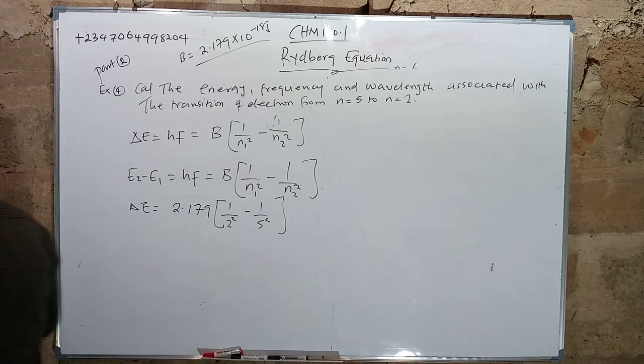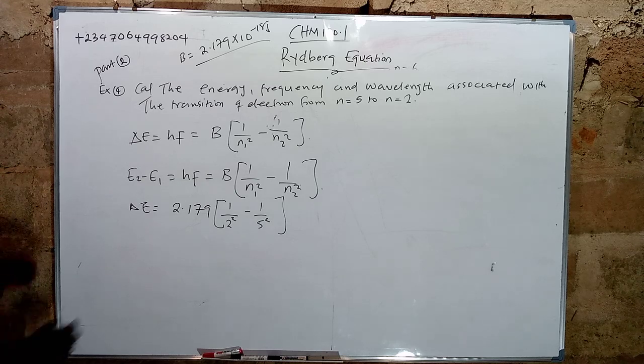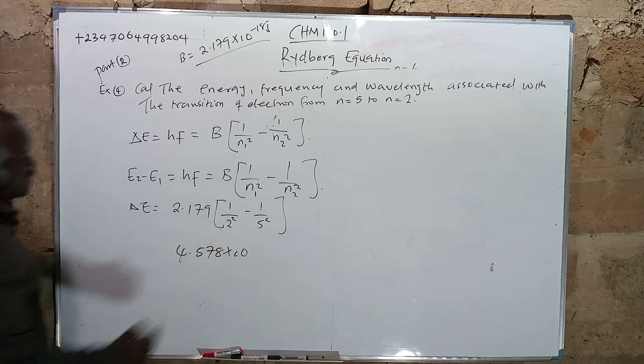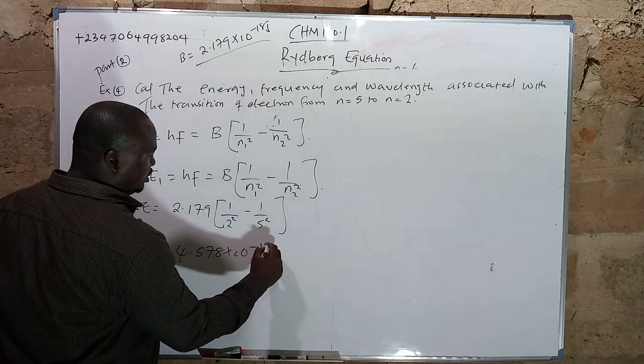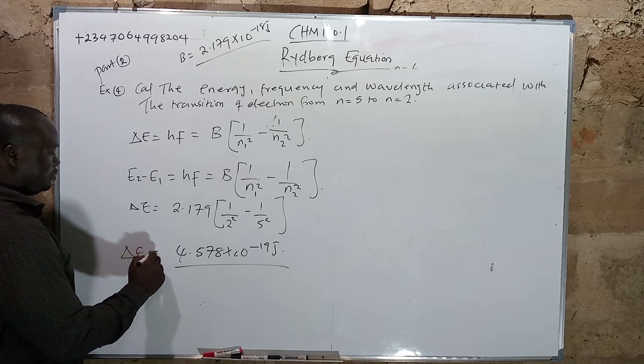So punch that into your calculator very fast. What you should get as your answer is 4.578 times 10 raised to the power of minus 19 joules. Now, this is the energy.